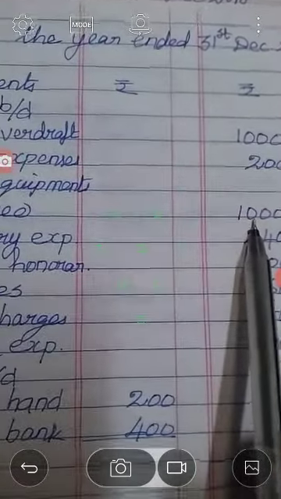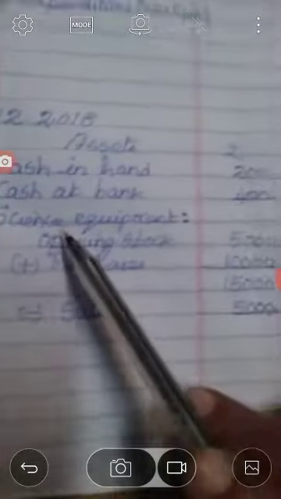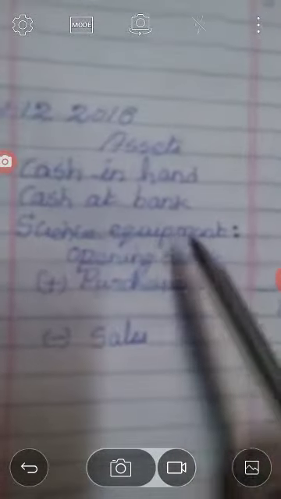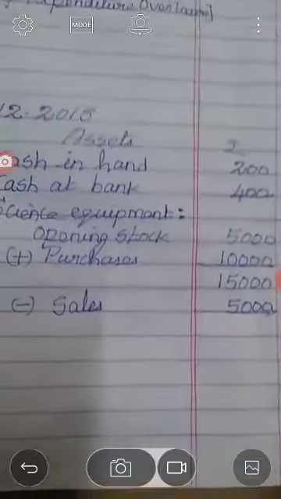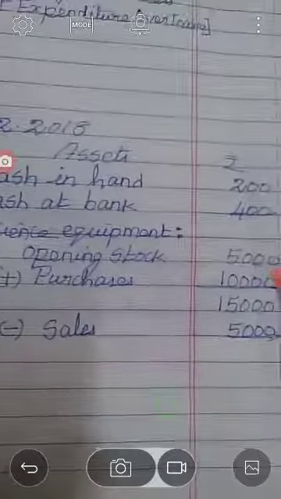Science equipment: in the sum itself the opening balance is given. Science equipment as on 1/1/2018 is 5,000. The additional purchase of science equipment is 10,000. Here you have to put a heading on the asset side, as it is a capital payment. Science equipment, opening stock 5,000, add purchases 10,000, so 15,000.